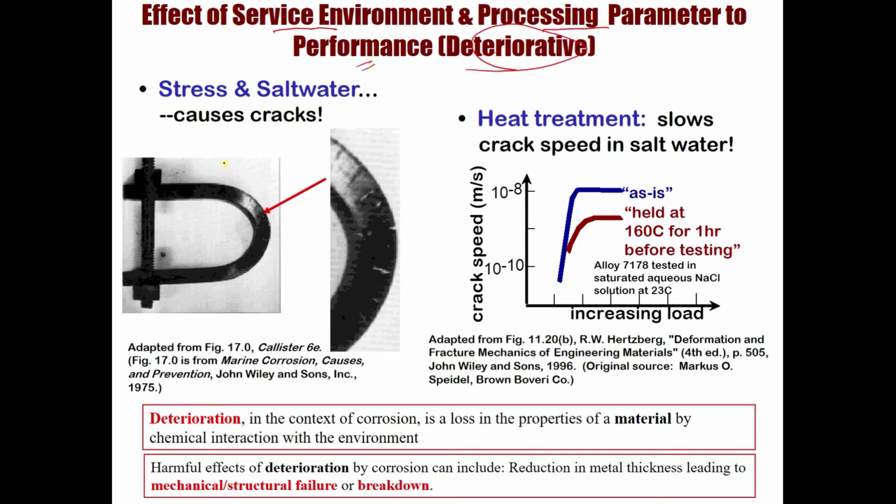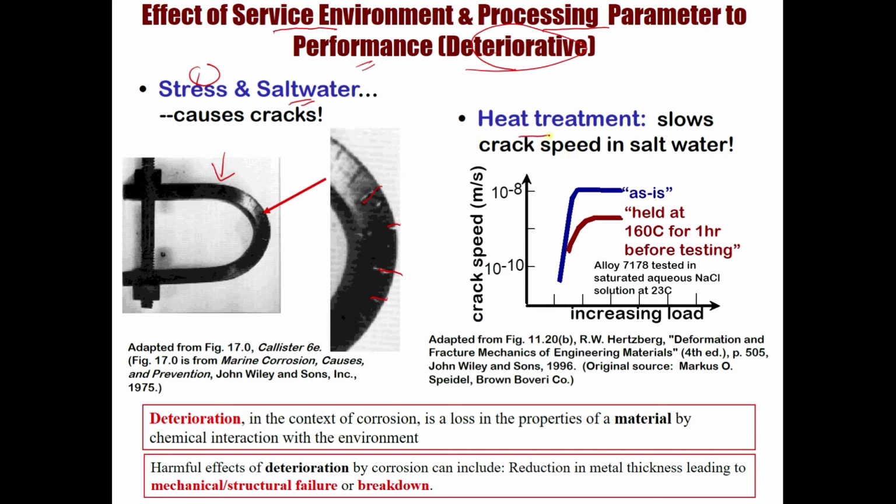You see here for this one is the effect of service environment, where this metal component experiences both stresses and chemical attack due to the salt water, causing this component to experience cracks after a while. And this one, however, is the effect studied to measure the processing parameter on the deteriorative performance.